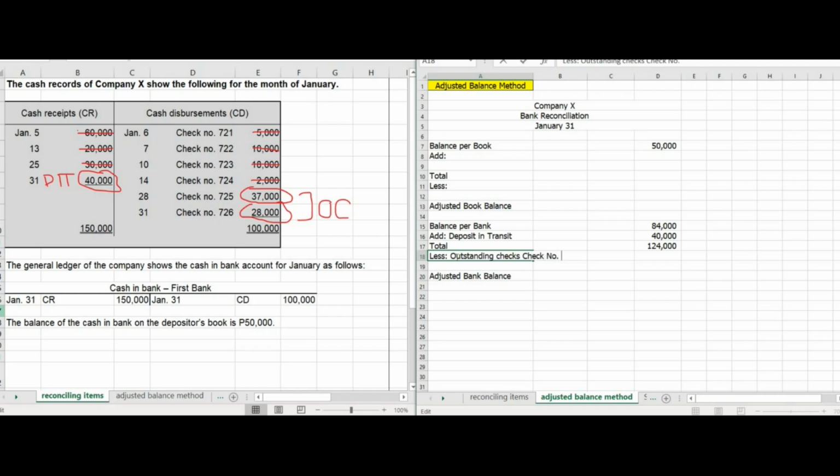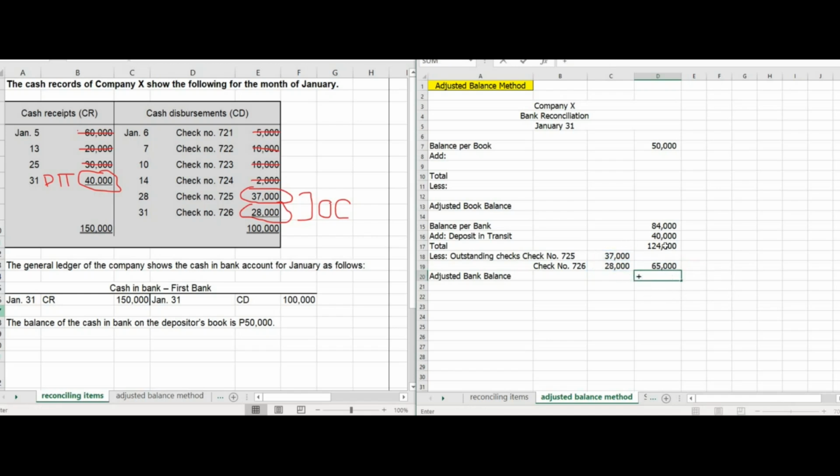In the later na mga dates. So, the amount is 37,000. And then the other one, another outstanding check. That's check number 726. So, the amount here is 28,000. So, you have a total of yan. Yan yung total outstanding checks.